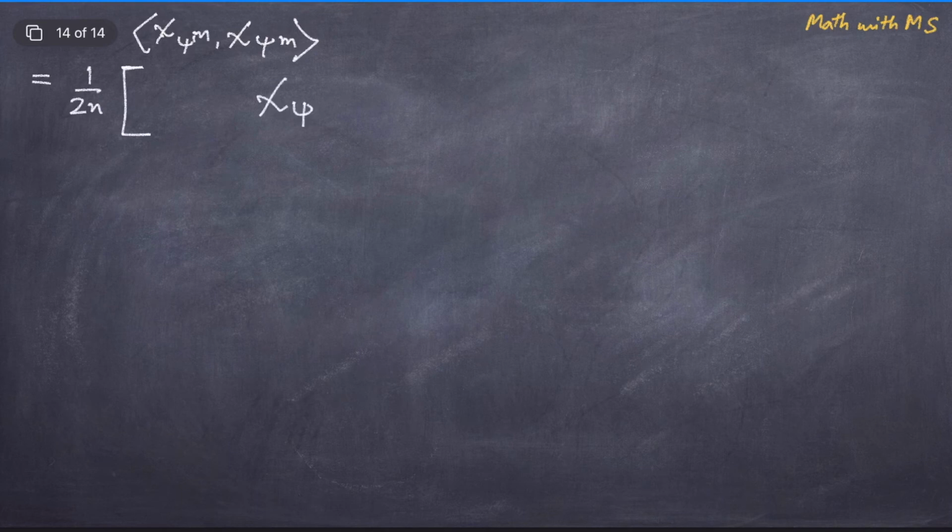So we compute the inner product of chi of psi m, which is the same as 1 by the order of the group G, that is 1 by 2n, and then chi of psi m at powers of r, let us say r to the power j, into chi of psi m of r to the power j and its conjugate.